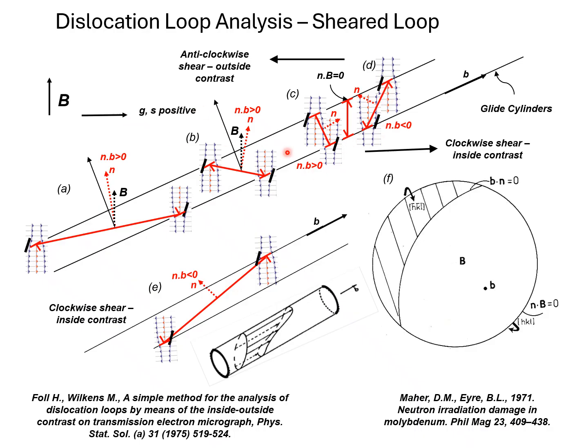Oh, sorry, no, it's the same. This is keeping the same diffracting vector. With that diffracting vector, for this orientation, we have inside contrast, and for this orientation, we have outside contrast. So it's important to know what the sense of the loop is, so you can easily get misled.